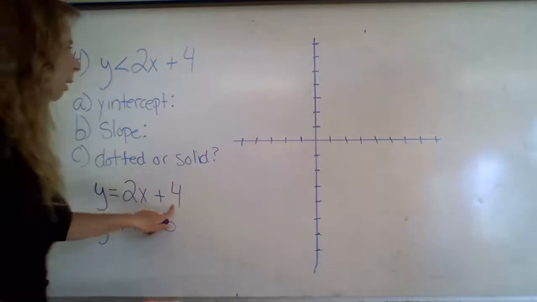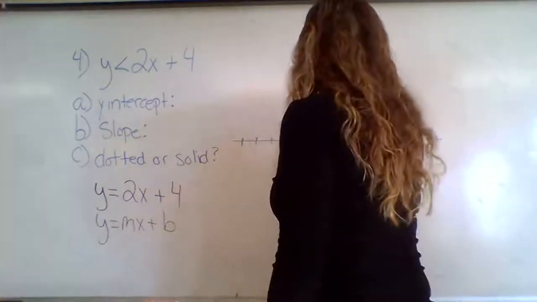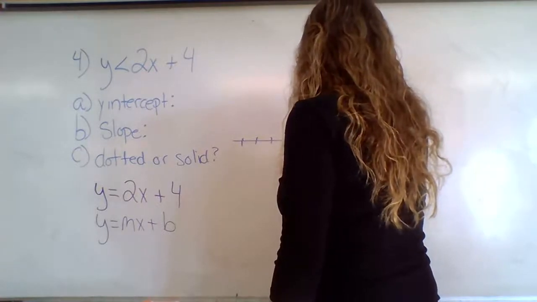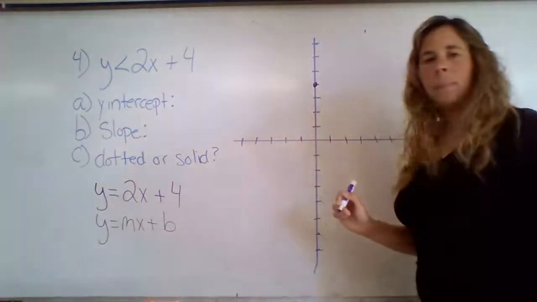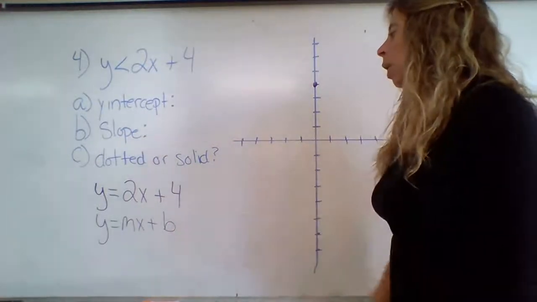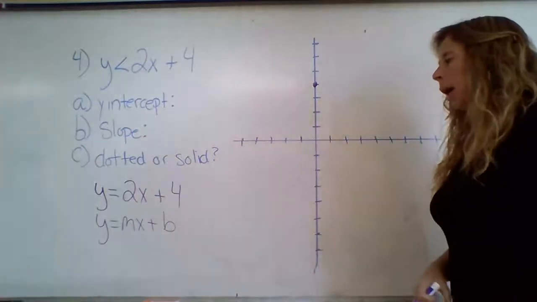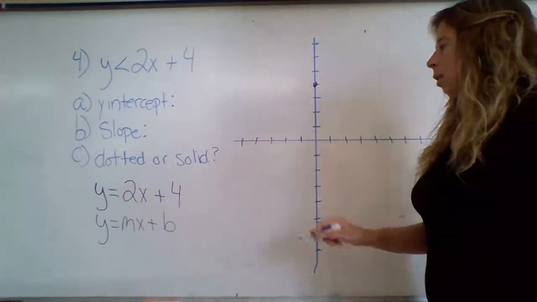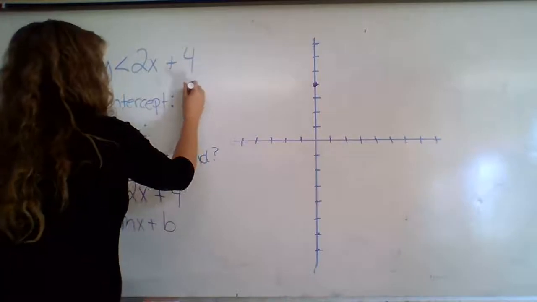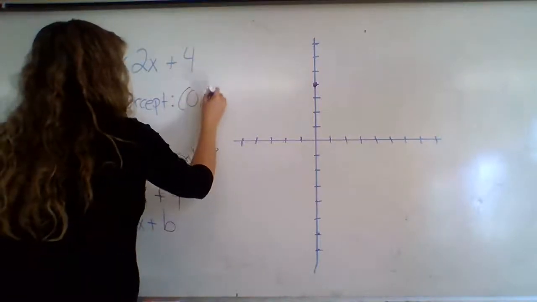Our y-intercept is 4. 1, 2, 3, 4. All right, that's our y-intercept. And then our slope is 2. So remember, slope is change in y over change in x. So our y-intercept is 4, so you can write 0, 4.